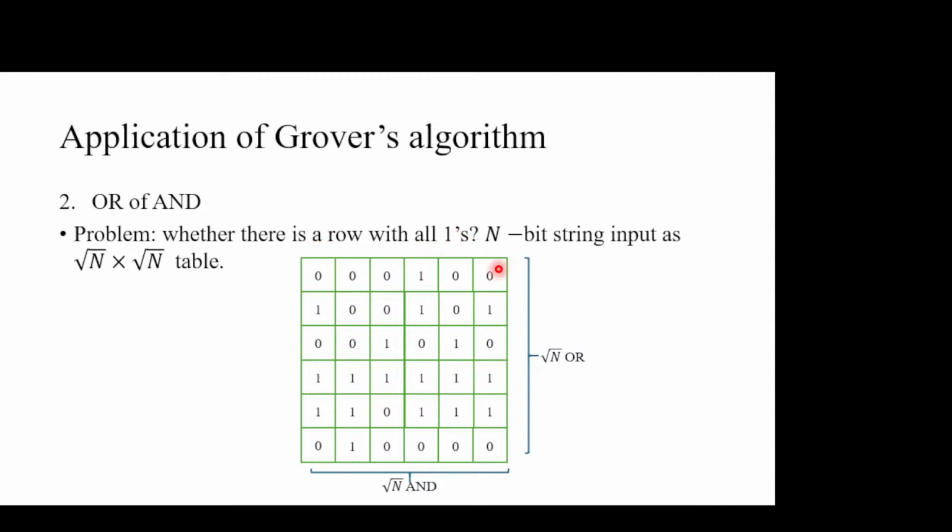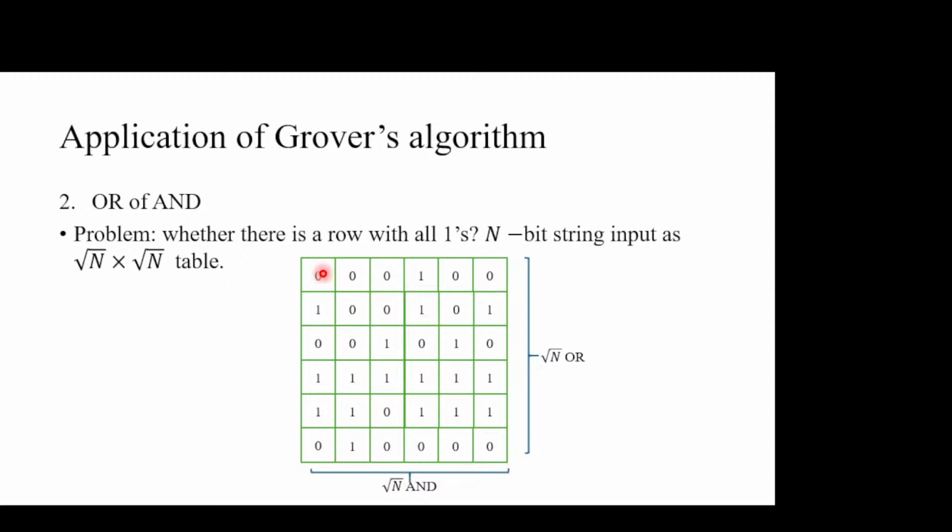We can picture this OR of ANDs function in this way. We think about the input as a big N bit input string, and we write this big N input string into a square. We assume this big N is a square number, so we can write it as a square root N times square root N grid.